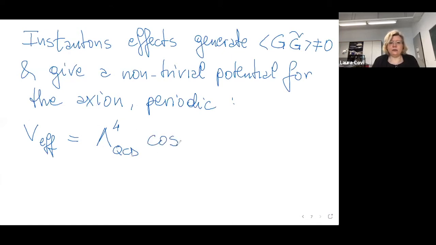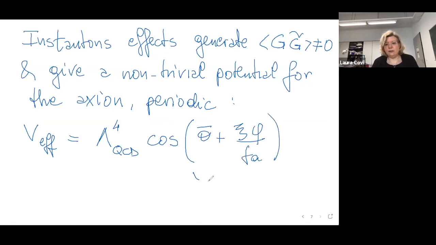And it is usually written as a cosine. In the cosine, you have a combination of the two fields, as I said before. So you can write it as theta bar plus psi phi over Fa. Later on, I will assume that all this is nothing else than my axion field, so let me call it again phi over Fa. It's clear that the Xi coefficient I can reabsorb into the Fa, so it's not really very important.